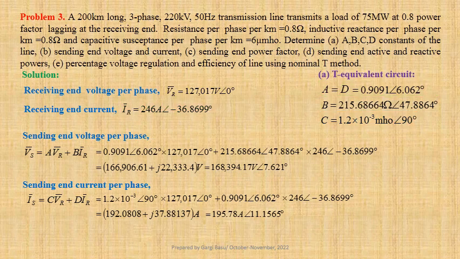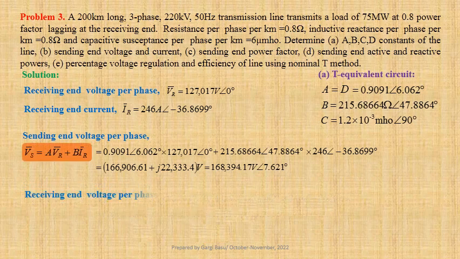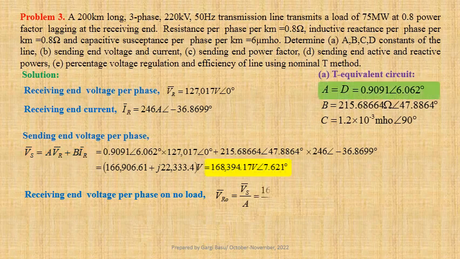On no load, receiving end current IR equals 0. Therefore, receiving end voltage per phase on no load VRO equals Vs divided by A. Using values we get 168,394.17 at an angle 7.621 degree divided by 0.9091 at an angle 6.062 degree.